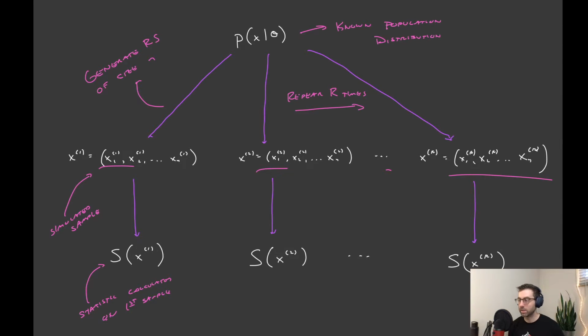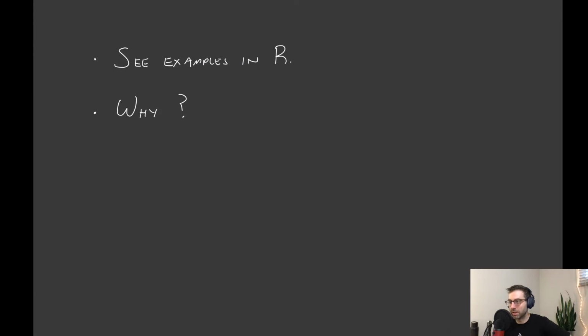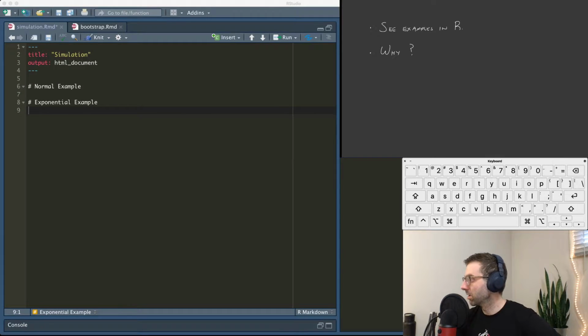And then on each of those samples, we calculate the same statistic repeatedly. So that's the general idea. I think it'll be a lot easier to understand if we do this inside of R. So let's move over to R.